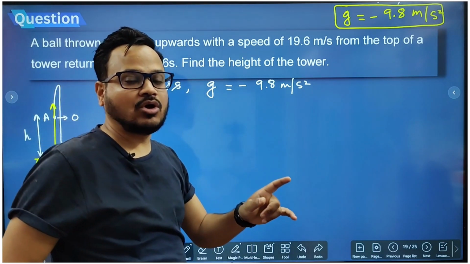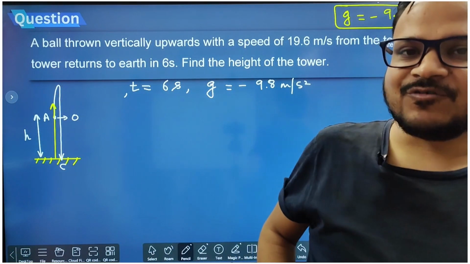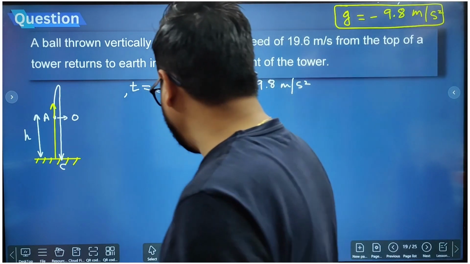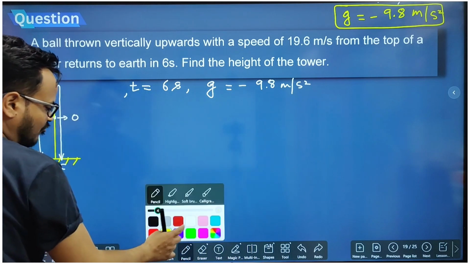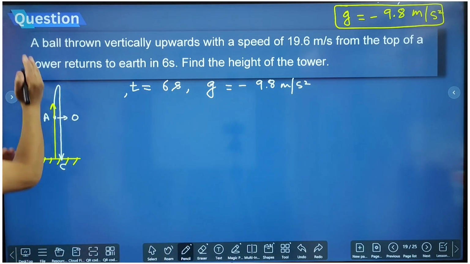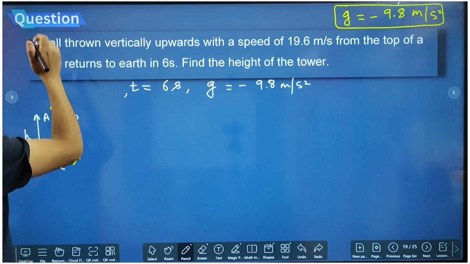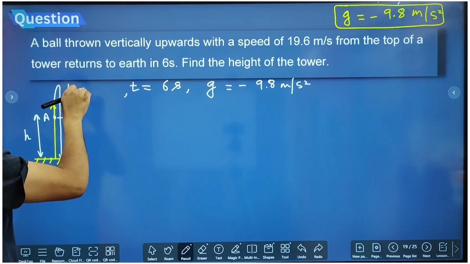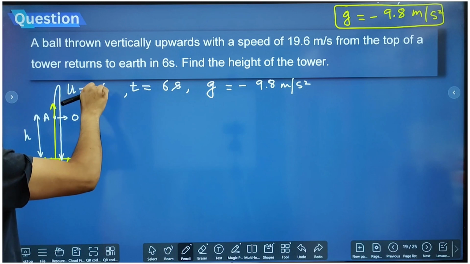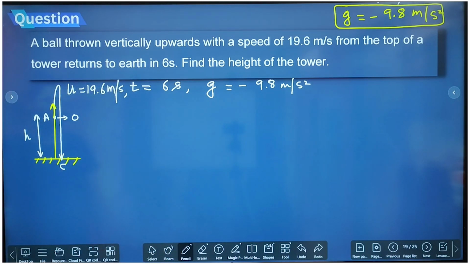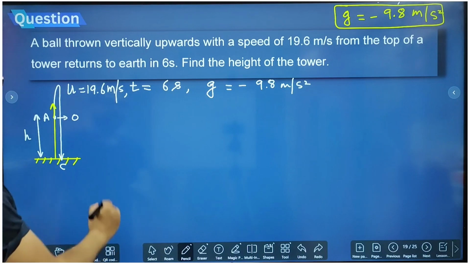We are not going to talk about the sign of time because time is scalar and it is always going to be positive, but the value of U should be positive because U is in the upward direction, and according to our sign convention this is the positive y-axis. So U is positive 19.6 meter per second. Okay, so we have to find the height of the tower.